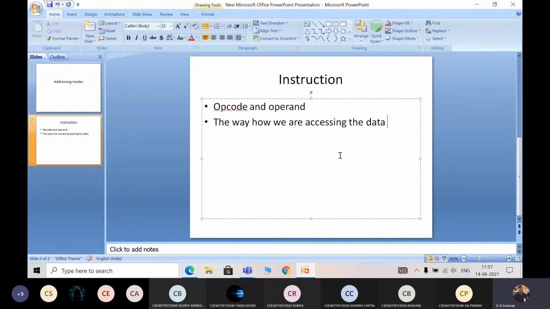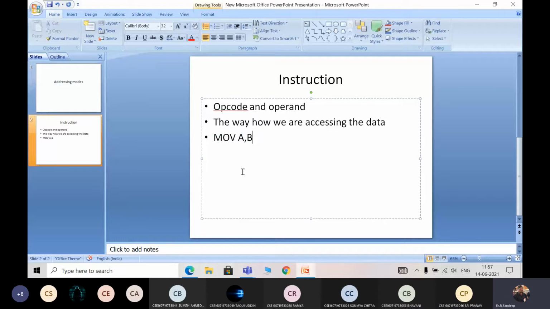That in simple terms we can call an addressing mode. For example, an instruction consists of an opcode and operand, as I told you. Suppose you are writing MOV A, B. Each and every instruction consists of two things.